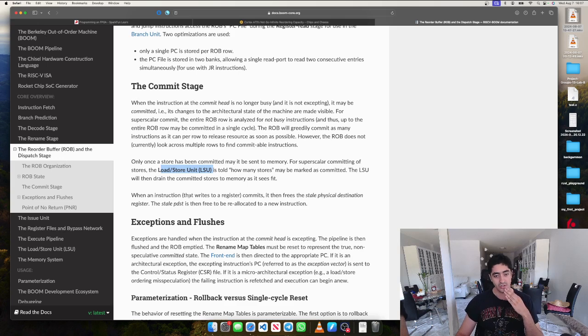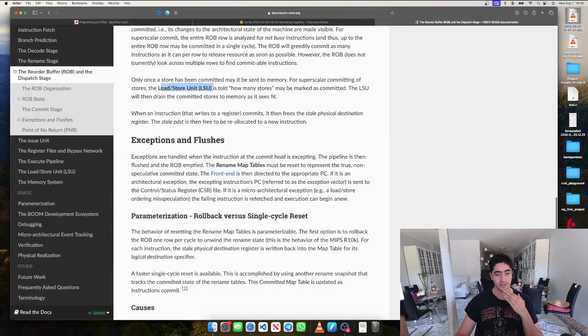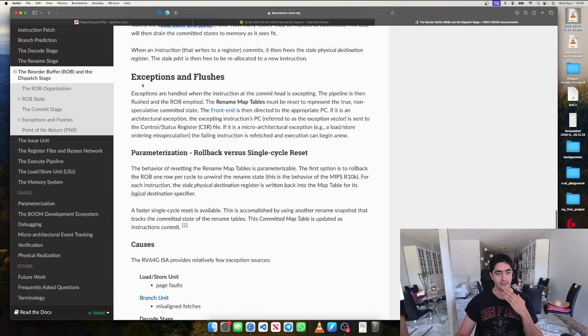The LSU will then drain the committed stores to memory as it sees fit. When an instruction that writes to a register commits, it then frees the stale physical destination register. The stale PDST is then free to be reallocated to a new instruction. And then you have your exceptions and flushes. Exceptions are handled when the instruction at the commit head is excepting. The pipeline is then flushed and the ROB emptied. The rename map tables must be reset to represent the true, non-speculative committed state.